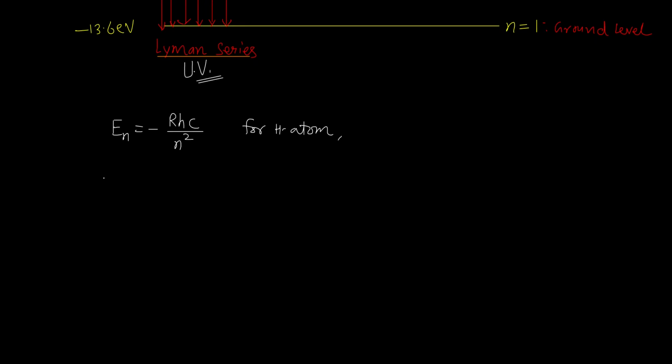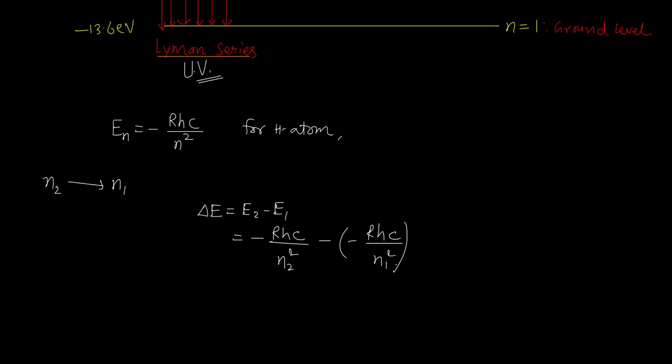So if the electron is coming down from n2 to n1, the energy difference released will be delta E equal to E2 minus E1, and if you put the values here, it will be minus R_H c upon n2 squared minus R_H c divided by n1 squared. So we have put n2 and n1 in place of n in this expression, and you can take R_H c common here, and it will be 1 upon n1 squared minus 1 upon n2 squared.